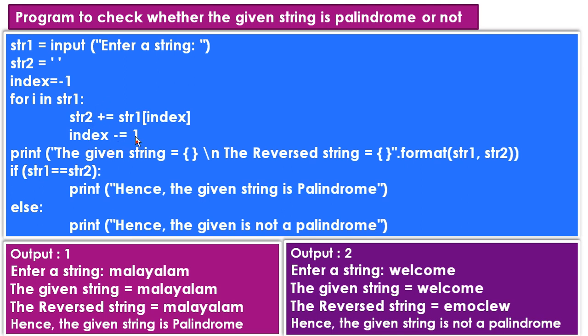The index value is decremented by 1, to -2, the second character. So str1 of the index extracts the character M. In the next step, str2 equals E plus M, which turns into EM. In the third step, it extracts the value O. So EMO, and so on, up to EMOCLEW. So this is not a palindrome.